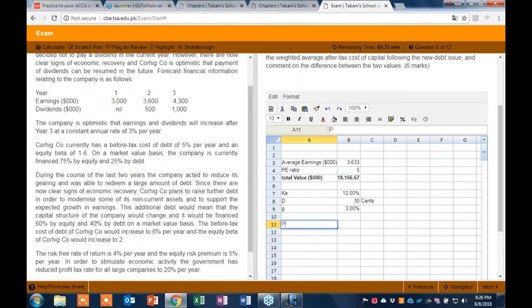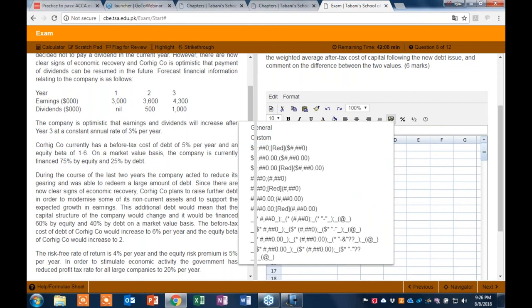So let's calculate the price. It will be the dividend, which is 30 cents, into 1 plus growth, 3%, the whole divided by KE, which is 12%, minus the growth, which is 3%.